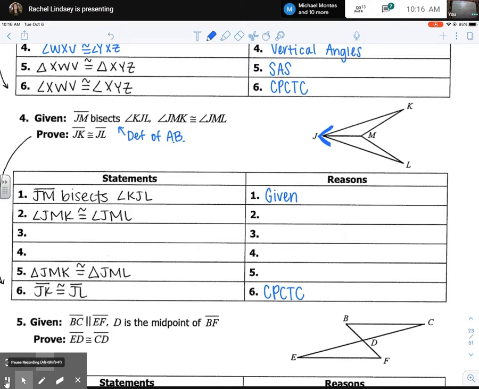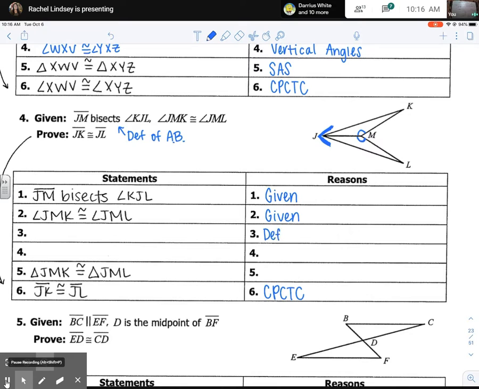Isn't the other one given too? So that is given, angle JMK is congruent to angle JML. We know that because it's given. And then, since we have that bisector, we know we have to use definition of angle bisector.